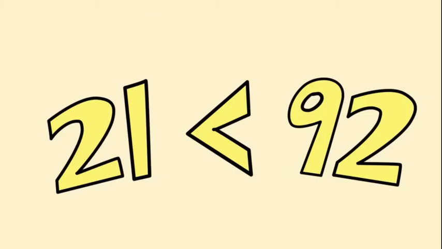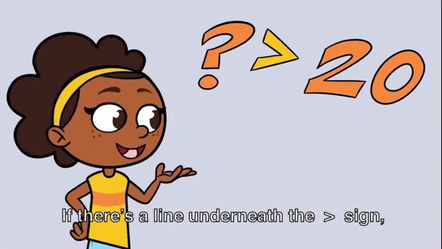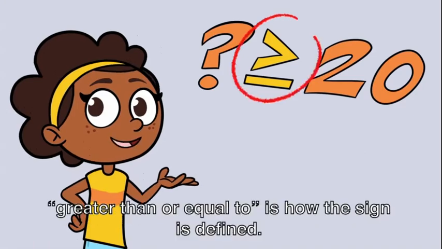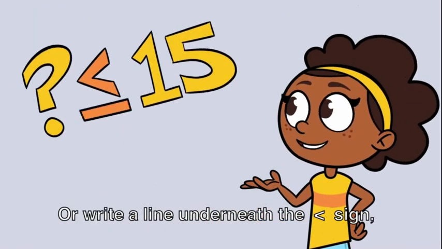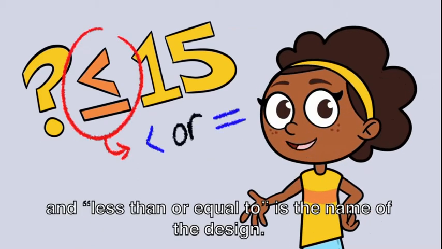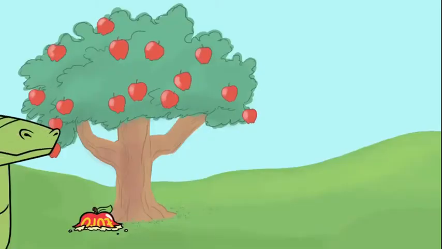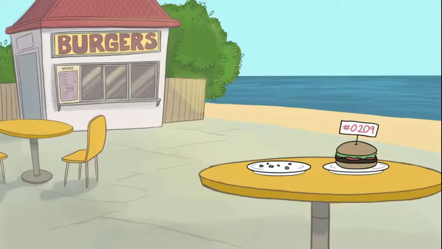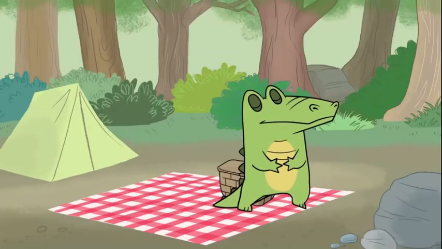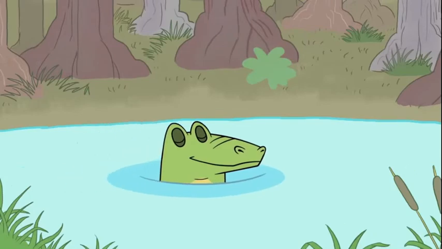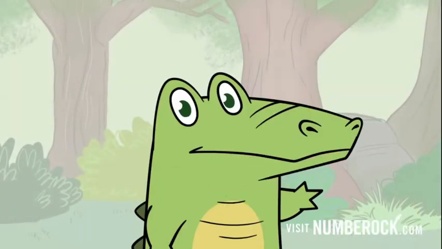The value that is least is never part of his feast. There's a line underneath the greater than sign. Greater than or equal to is how the sign is defined. I'll write a line underneath the less than sign. And less than or equal to is the name of the design. Hi there. I'm an alligator.